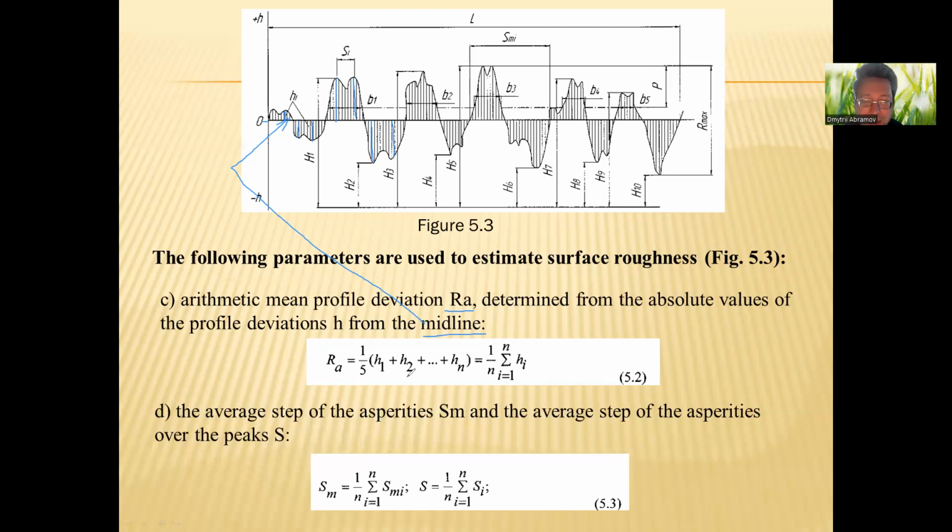It's H1 plus H2 plus etc. plus H suffix N, and divide by N. It's not 5. It must be N. 5 is only for parameter RZ. For parameter RA, we use N. Write down to your notes the formula 5.2 for arithmetic mean profile deviation, R suffix A.